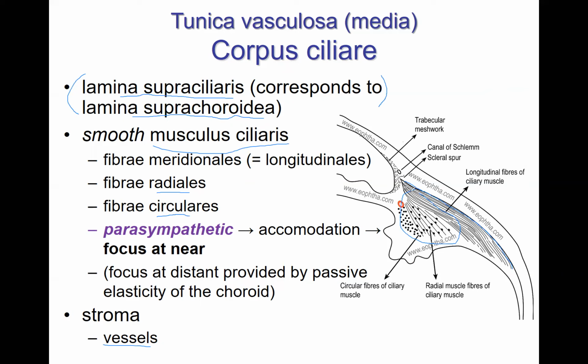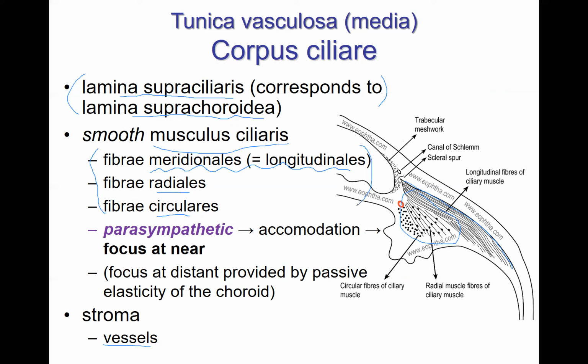And longitudinal are in the same plane as the meridian. That's why also called meridional. Yeah, it is not important to know all these names actively. They are just there.